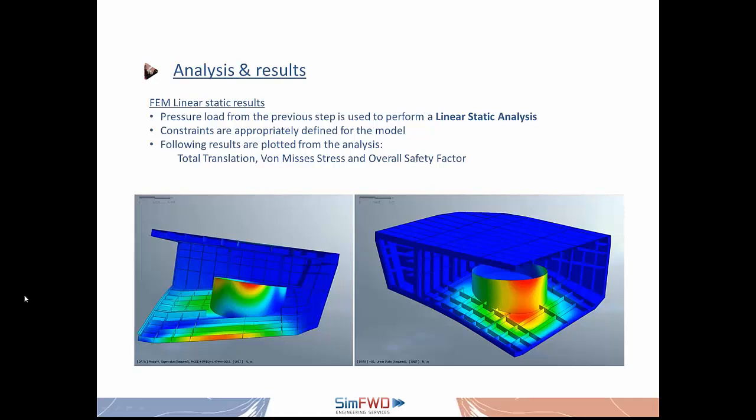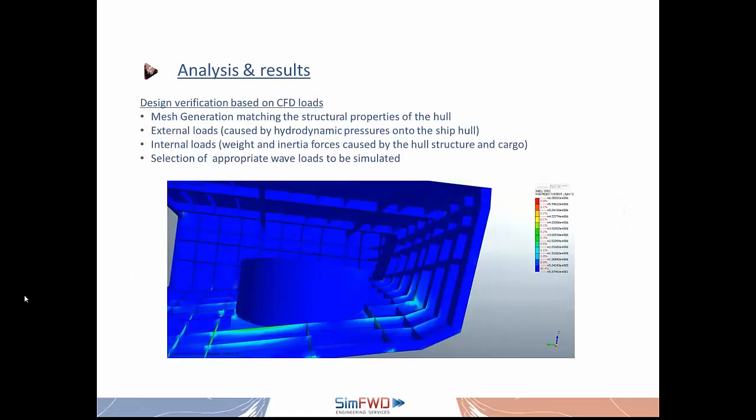So what is the design verification based on the CFD loads? What is very important in mesh generation is to match the structural properties of the hull. The external loads, of course, caused by hydrodynamic pressures on the ship hull, are very important to define very carefully.